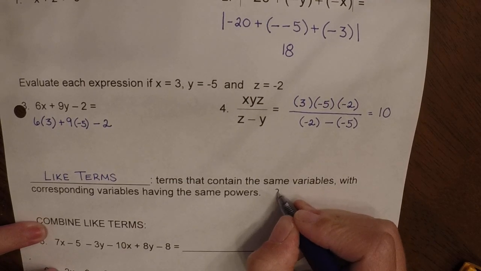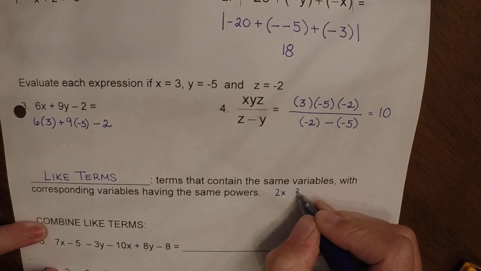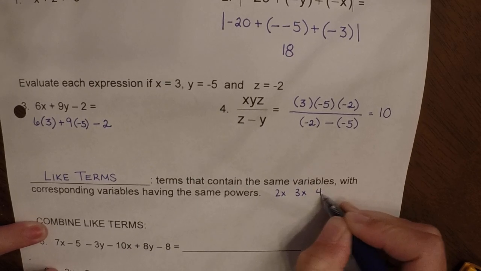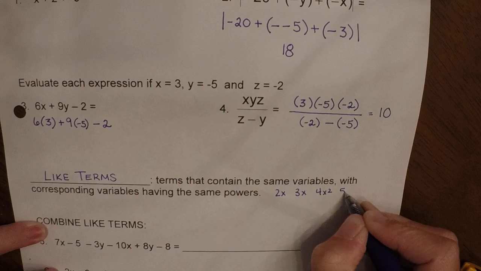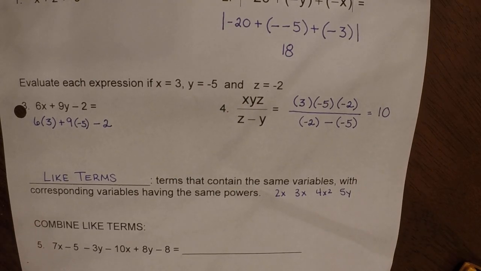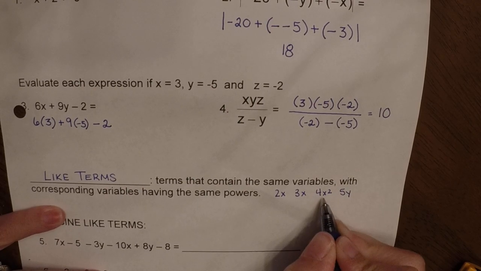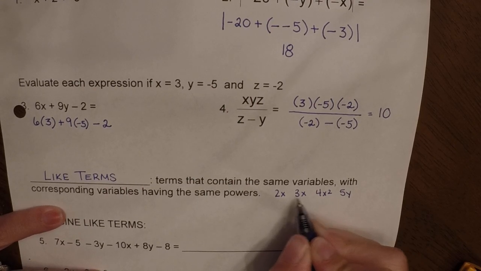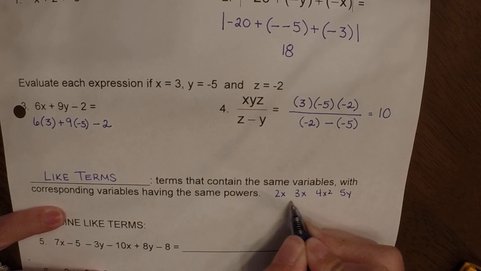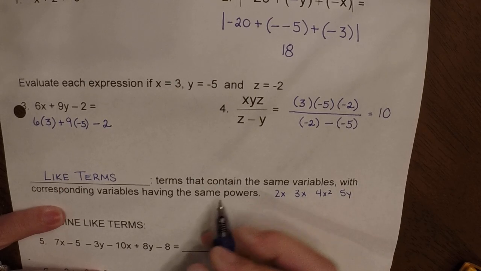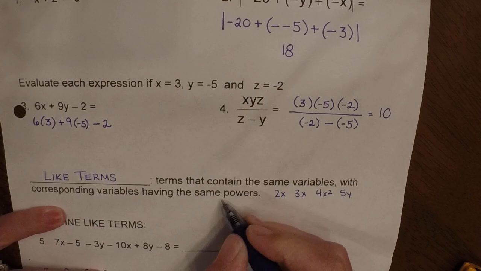So if I had 2x and 3x and 4x squared and 5y, we would be looking for like terms. Well, 2x and 3x and 4x squared all have the same variable. So we would think it would be these. But remember, it also says the same power.